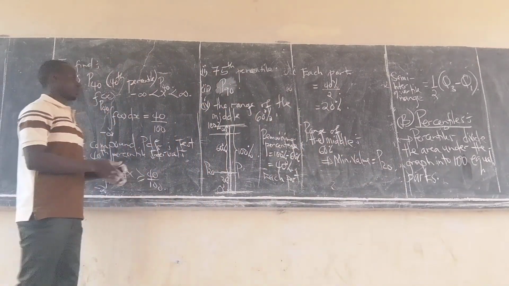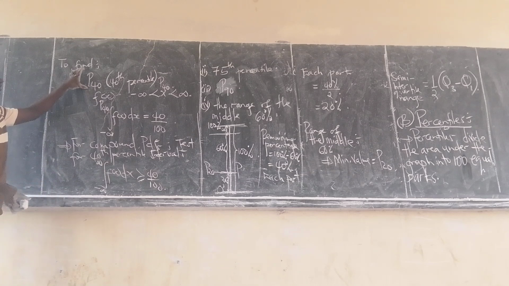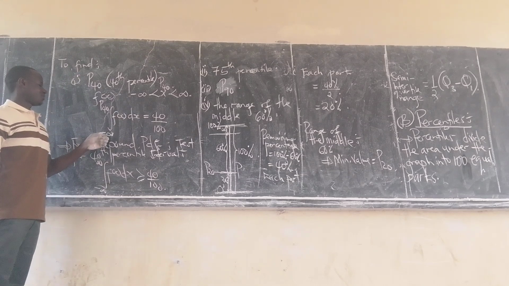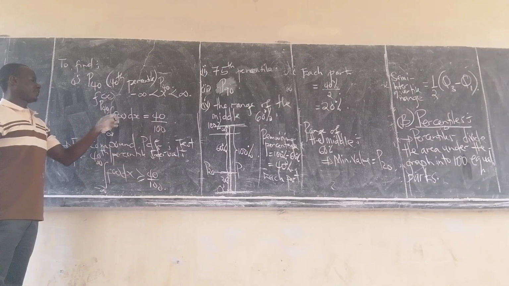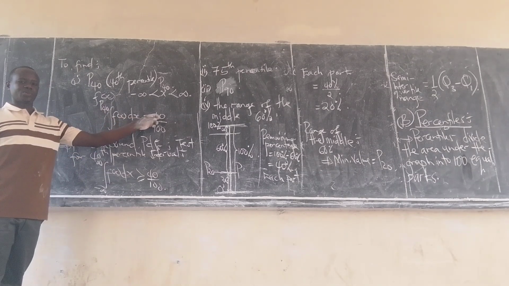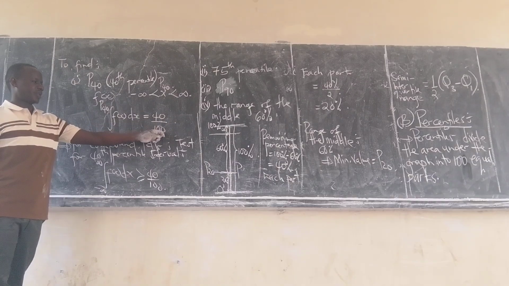So to get P20, you must integrate from negative infinity up to P20, integrate f of x dx, and equate to 20 over 100.